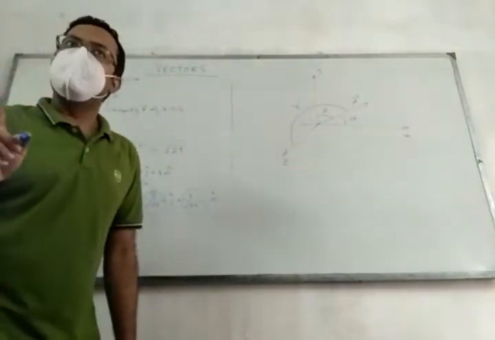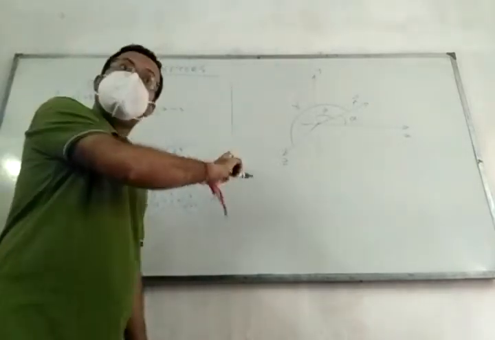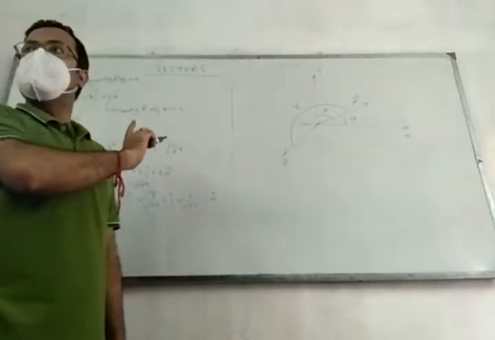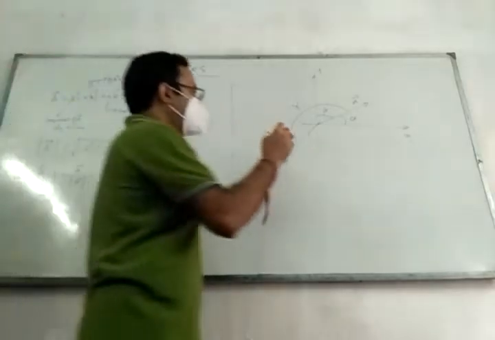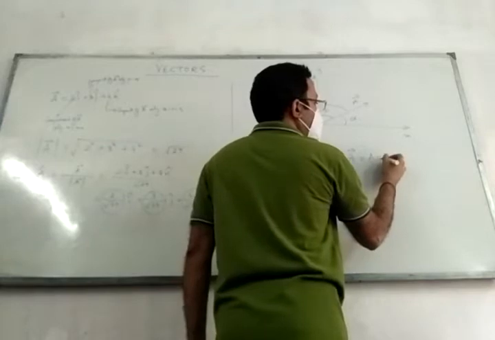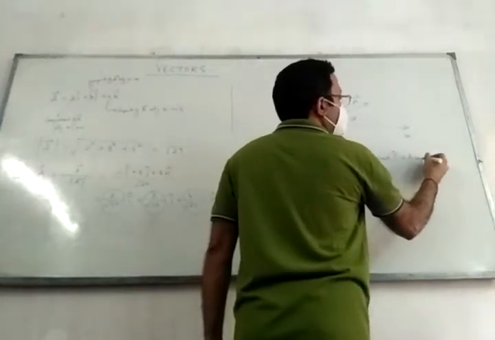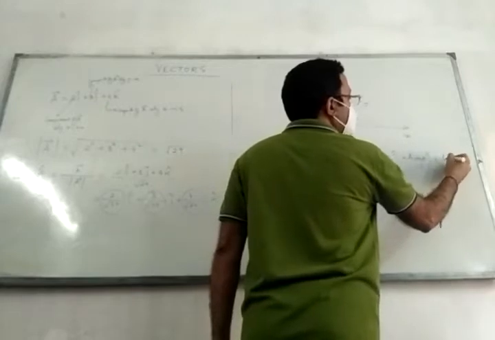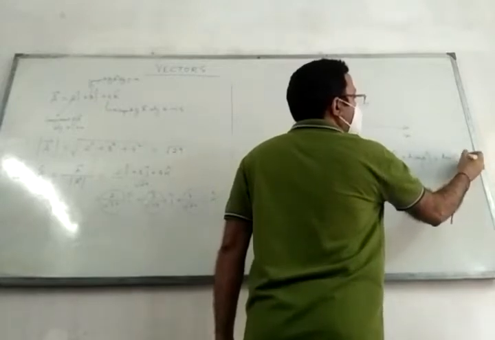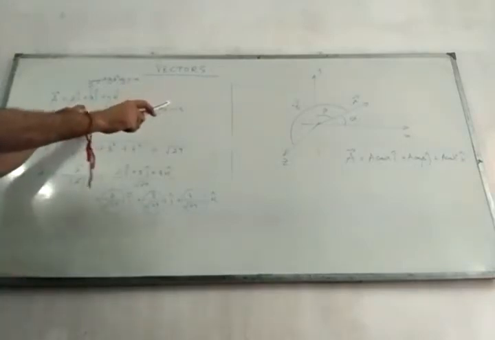A cos alpha. Along the y axis, A cos beta, and along the z axis, A cos gamma. So can I say that vector A is equal to A cos alpha i cap plus A cos beta j cap plus A cos gamma k cap? According to my definition it should be written like this.